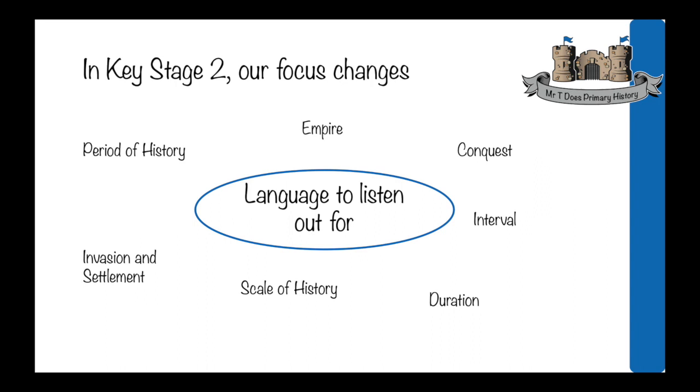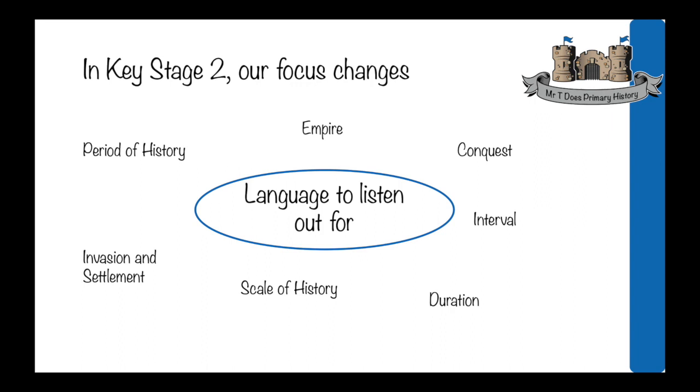So, in Key Stage 2, our focus changes, and we'll just have a quick recap of that language to listen out for. So, a period of history is where we break history into periods of time around a key change or action. An empire is where one state or country takes charge and rules a range of states. Conquest is where one state or group uses military force to invade and take control over another.